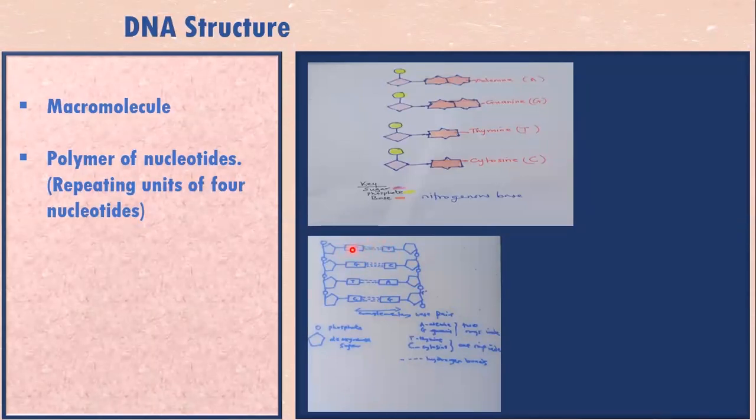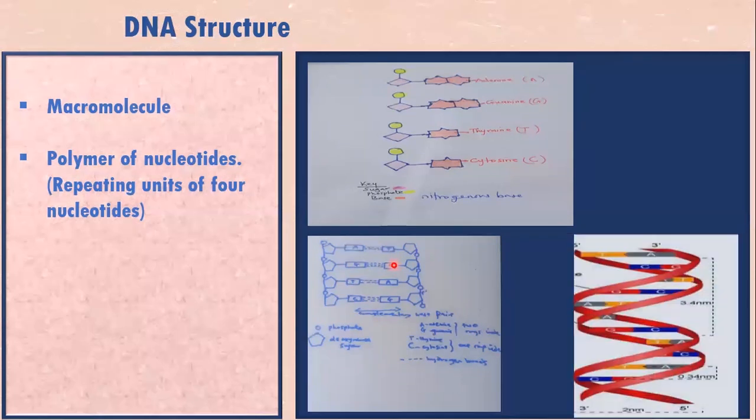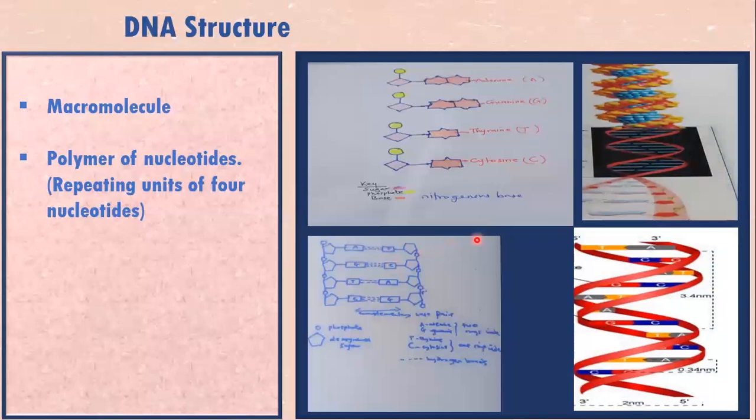and this long chain is complementary to this one, meaning that the nucleotides have a way of pairing up. Adenine always pairs with thymine, guanine always with cytosine. And that is how the chain builds up to form this huge molecule. It's a polymer of nucleotides, meaning it's just repeating units of these 4 nucleotides.